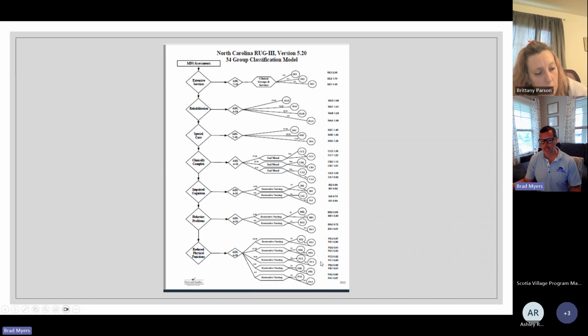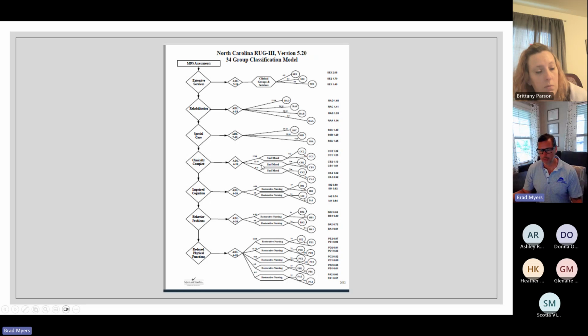That's going to put together every Medicaid resident in your building, Medicaid or Medicaid pending. It's going to put them all into a RUG level, and the RUG values are what is over on the far right column. A PA1 is 0.57, all the way up to an SE3 at 2.08.